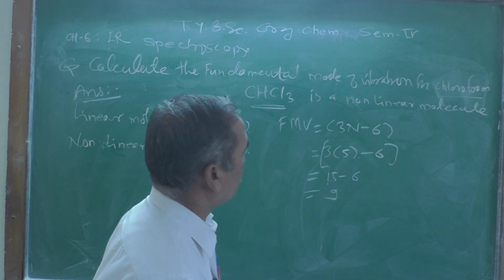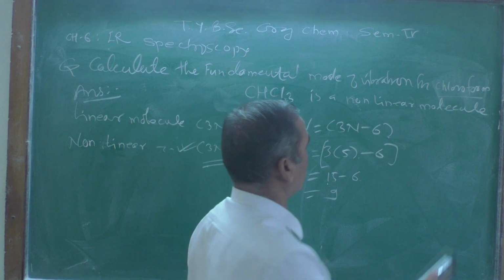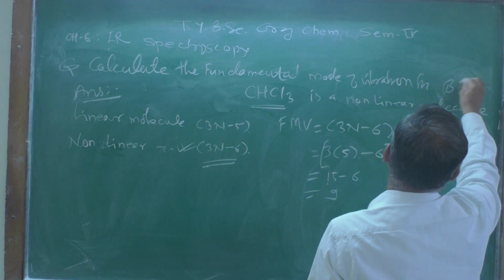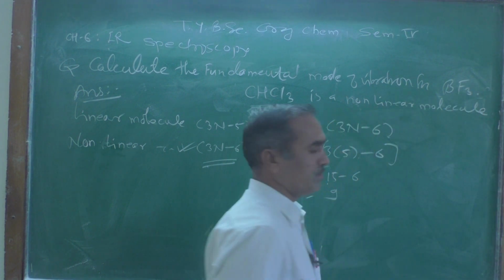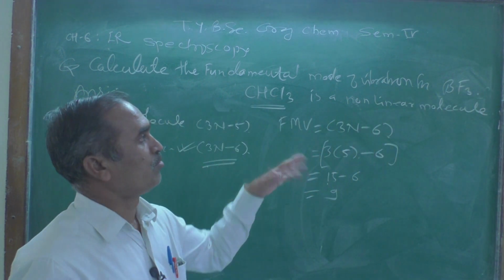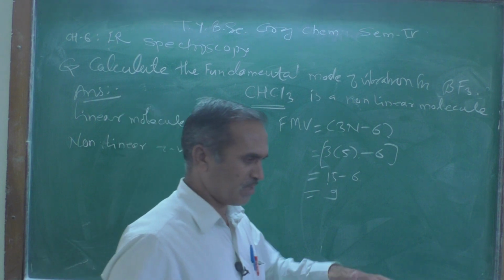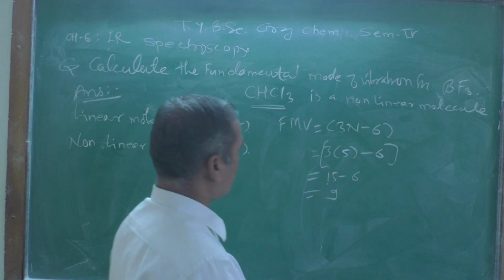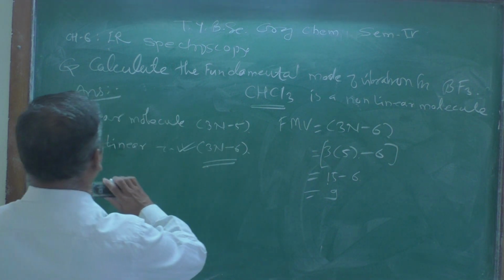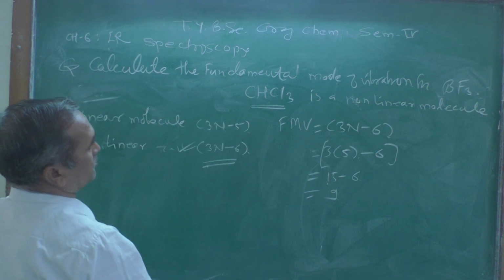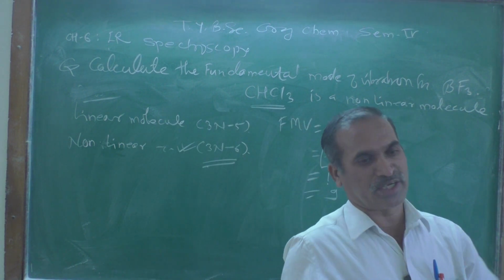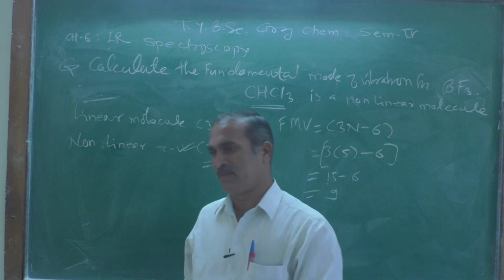Then sometimes it is written, calculate the fundamental modes of vibration for BF3. Once again, BF3 means boron trifluoride, which is actually an inorganic compound. But here, what is the aim? To calculate the fundamental modes of vibration.